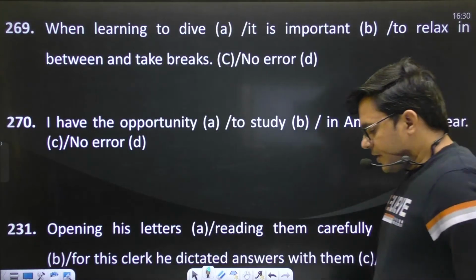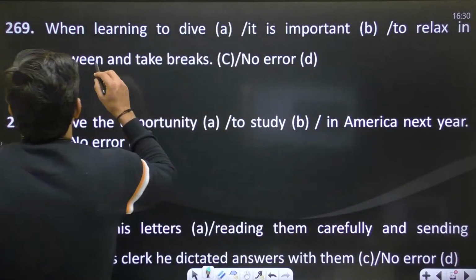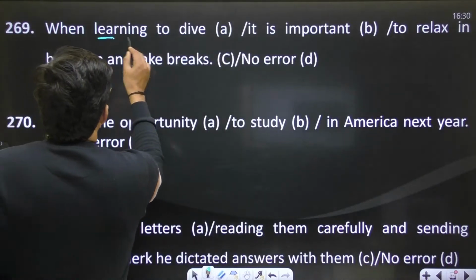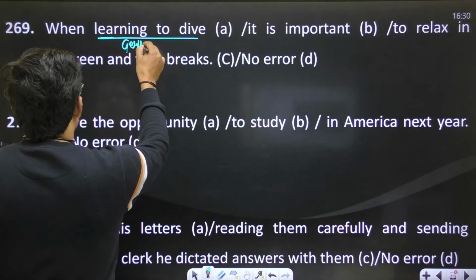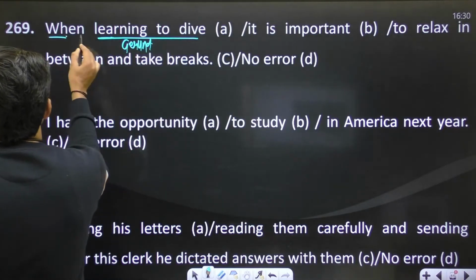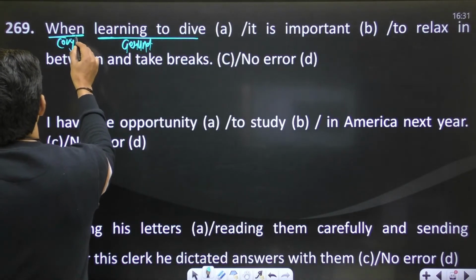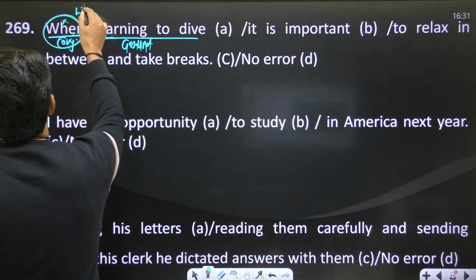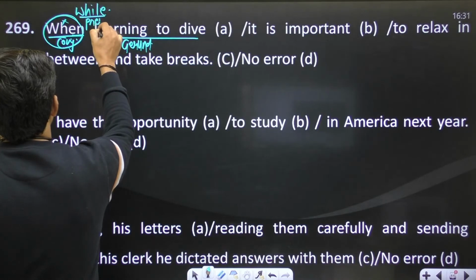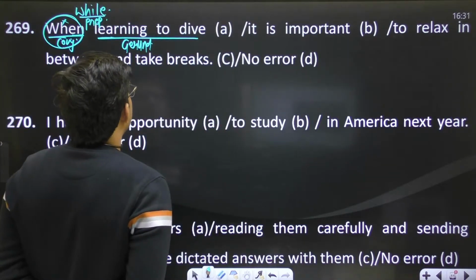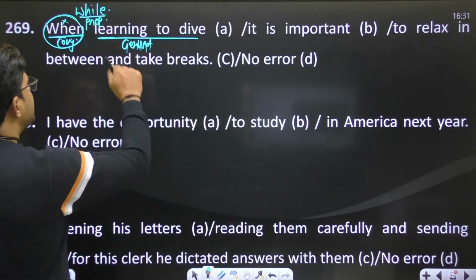Okay, make sure this is a gerund. While learning to drive, this is a gerund, and before this gerund we don't need a conjunction, we need a preposition. While is a preposition. While learning to drive, or you can say it is a present participle.